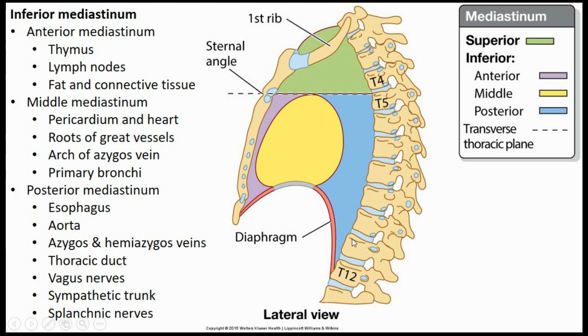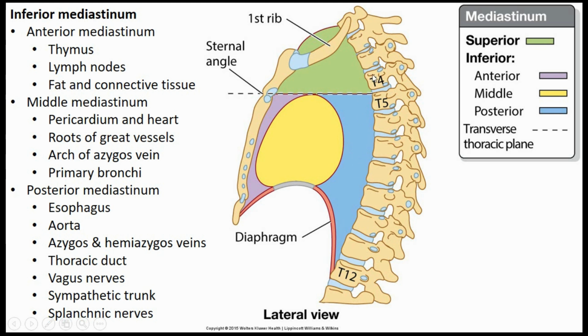So we have this extended posterior aspect of the inferior mediastinum, and through that we have traveling the esophagus, the thoracic aorta, the azygous and hemiazygous veins. Remember, they were kind of right near the vertebral bodies. The thoracic duct traveling up from below to get to the superior mediastinum. Vagus nerve traveling inferiorly. They actually patch themselves onto the esophagus in this area.